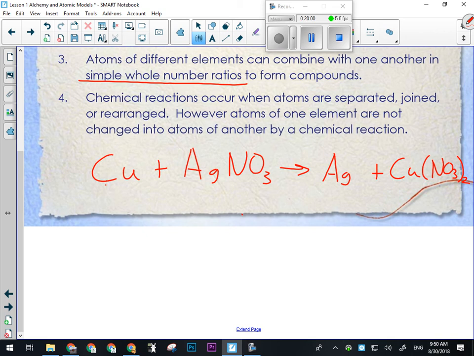This is the kind of reaction that could have been run by an alchemist and would give them the idea that they could turn one thing into something else. If they took a bunch of copper, which would have been cheap and readily available, and mixed it with silver nitrate, they would get silver out of that. And it would look like the copper had turned into silver.